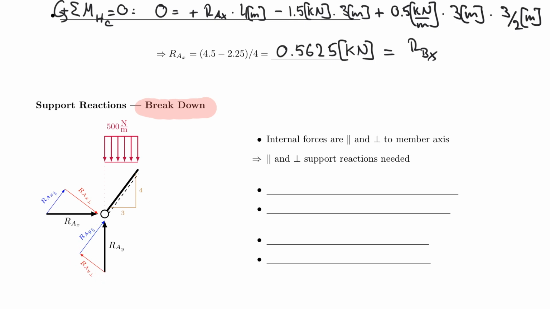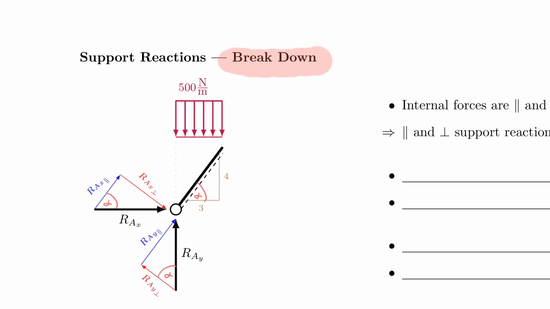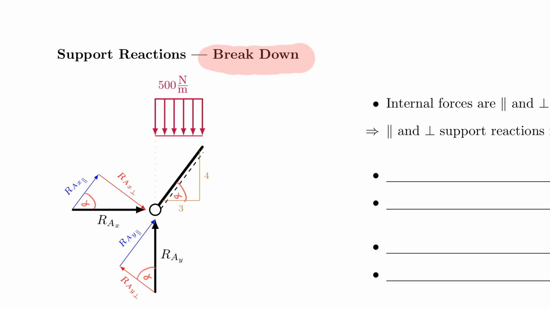And just as before, I will assign my angle alpha here, and then therefore I also have angle alpha here. And if that was too fast for you, please see what we did for the self-weight. We used it there as well.